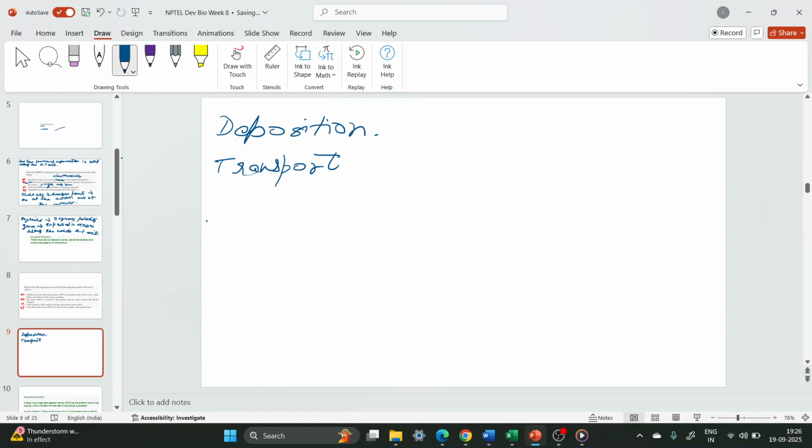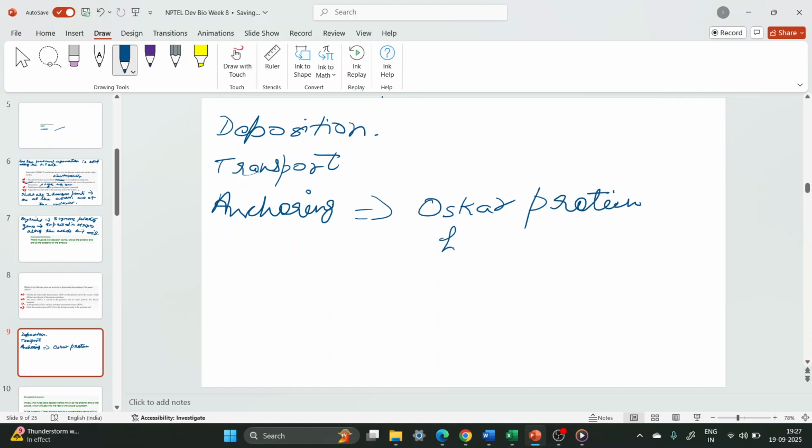Then anchoring. What is anchoring? At the posterior, the Oskar protein organizes the pole plasm and anchors the nanos mRNA. So nanos mRNA is anchored at the posterior by the Oskar protein. Then regulation. What is regulation?